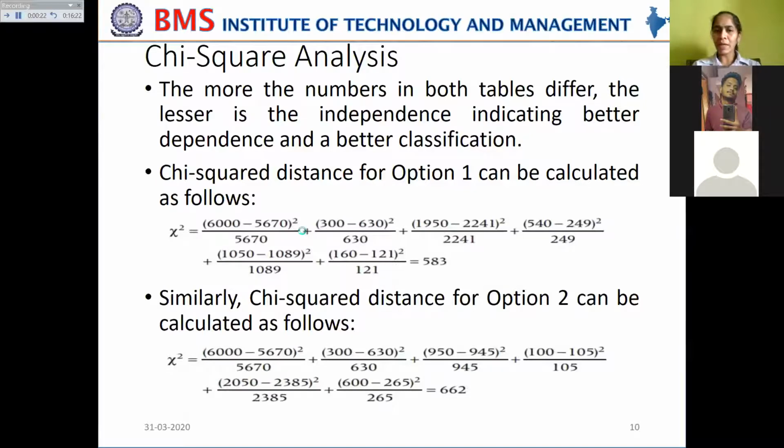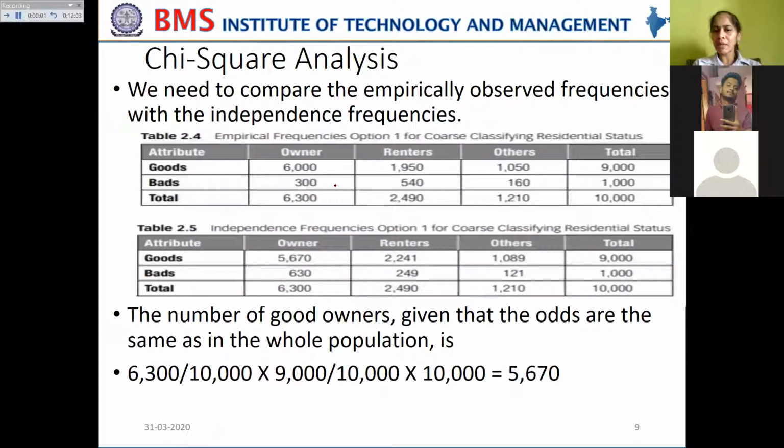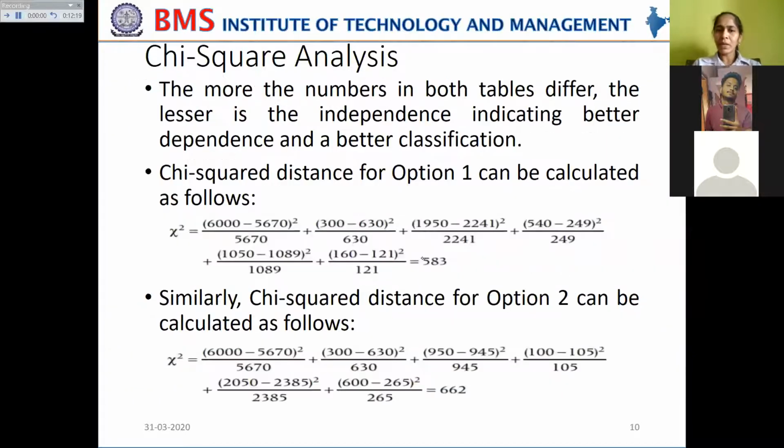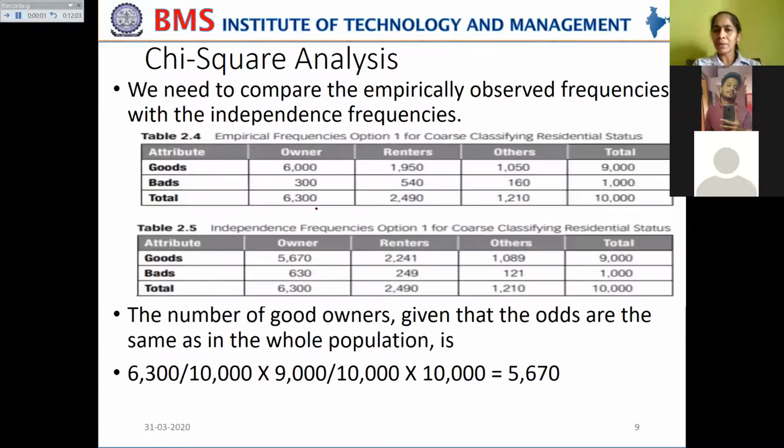I'll show you the formula here: 6,300 minus 5,670, whole squared, divided by 5,670. In the same way we take 630 minus 630... whole squared divided by 630, 540 minus 249 whole squared divided by 249, 1,950 minus 2,241 whole squared divided by 2,241. In the same way you calculate for all the points: the difference, squared, divided by the independence frequency.